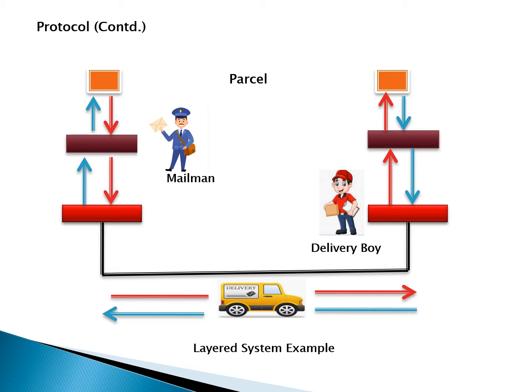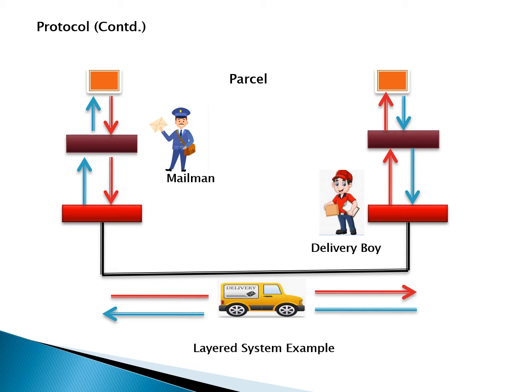But the question really is, what is the advantage of splitting the task into different layers? The answer is that any of the layers can be changed without affecting the other layers.